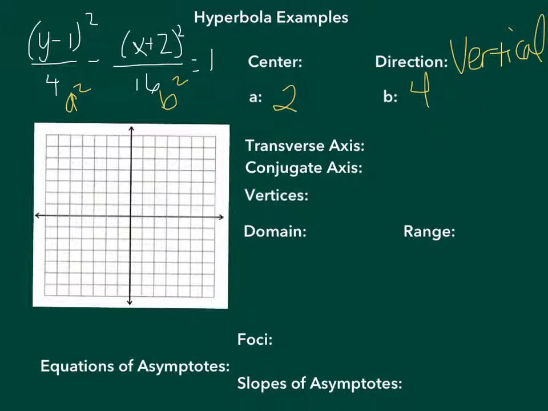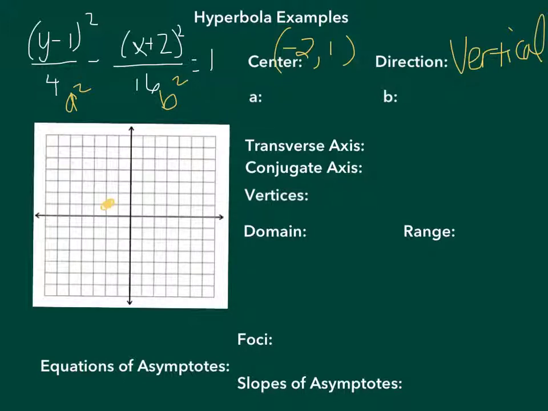And now we want to look at the center, and we're looking at our H and our K. So my H is negative 2 and my K is positive 1. So don't forget that the H is always with the X and the K is always with the Y. Okay, so I'm going to go ahead and find my center here, negative 2, positive 1.